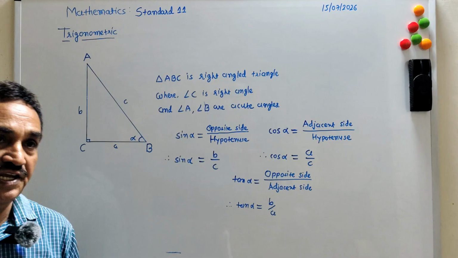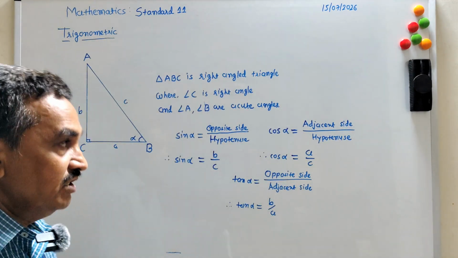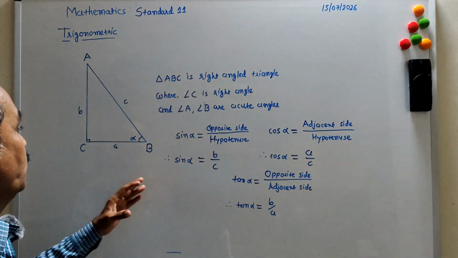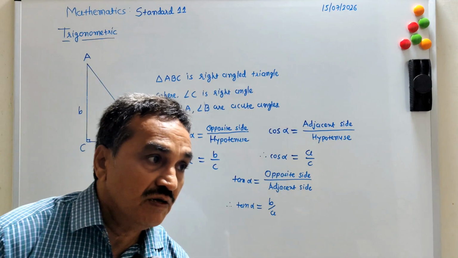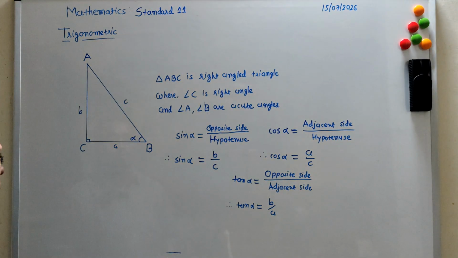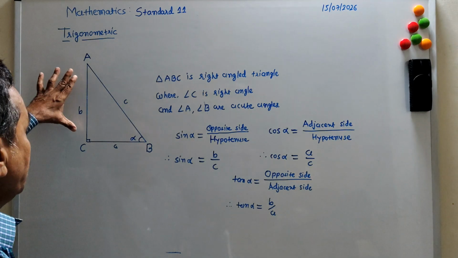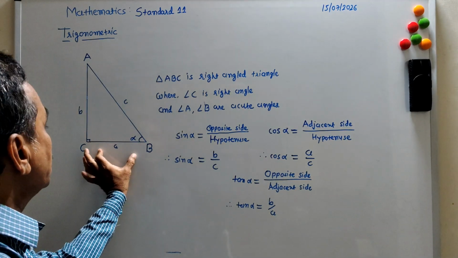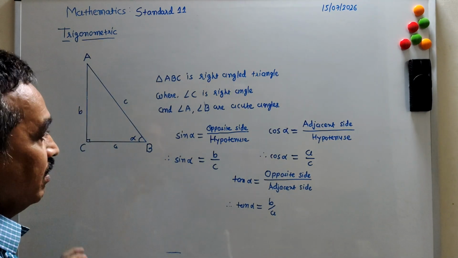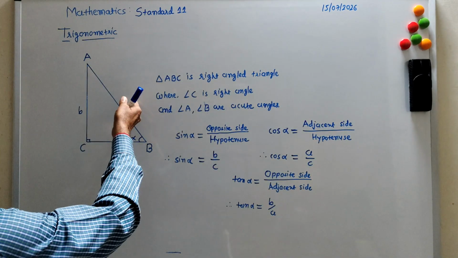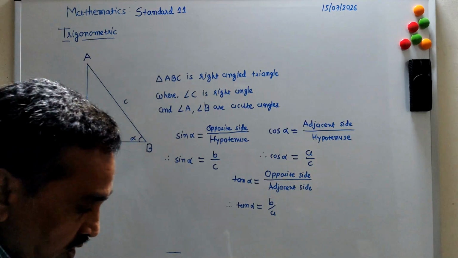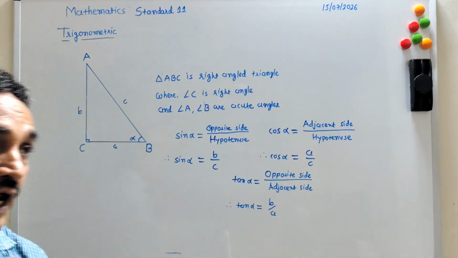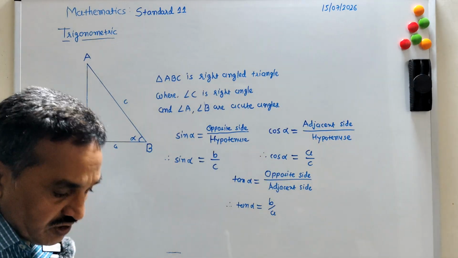So what we have studied in our standard 10 is this. We have studied trigonometric functions sine, cos and tan in terms of ratios of two sides of acute angles and the hypotenuse. Now we are going to extend our study.